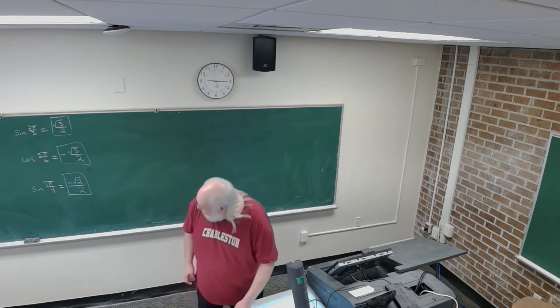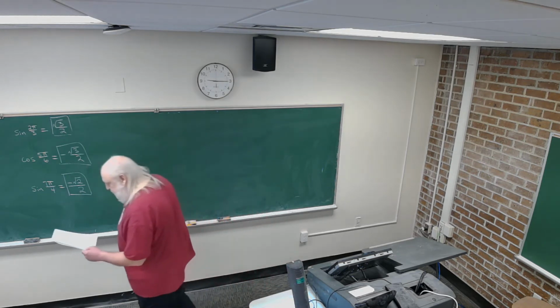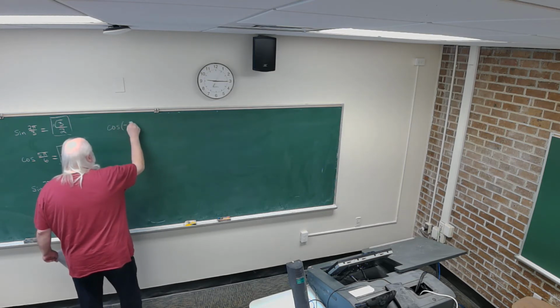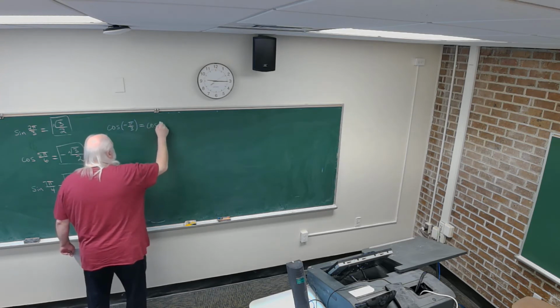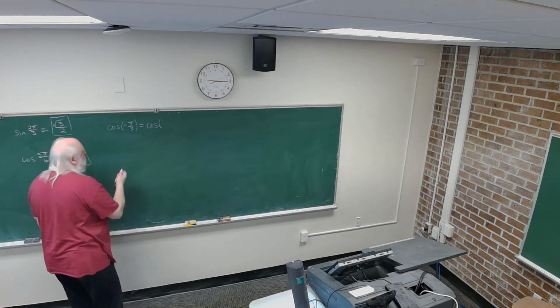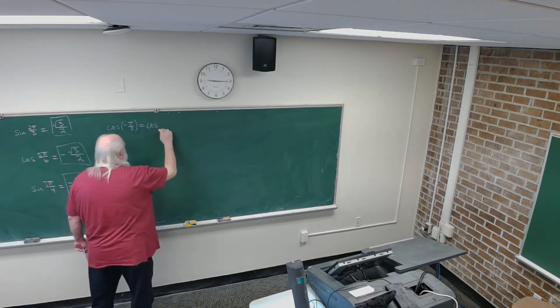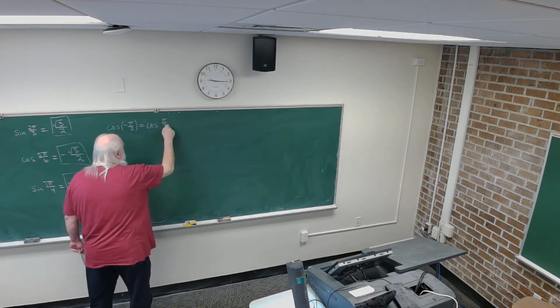All right. So next we have the cosine of minus pi over 3. And cosine's an even function, so we can write this as the cosine of plus pi over 3.